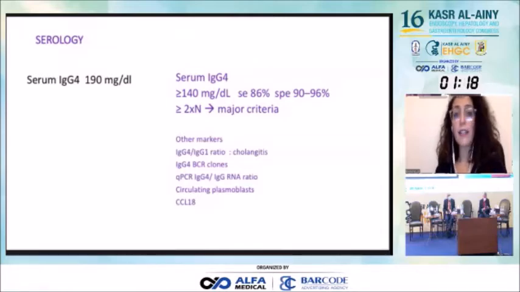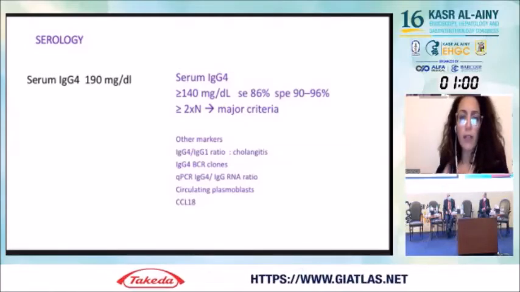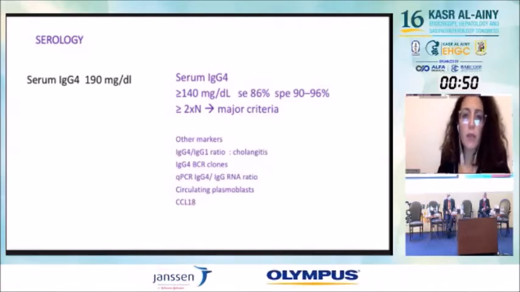Are there any better serum markers? Yes, there have been a lot of studies showing that other markers could be used to increase the specificity and sensitivity and to help us diagnose and differentiate IgG4 pancreatitis, but the studies were done more with cholangitis, to differentiate it from cholangiocarcinoma and PSC.